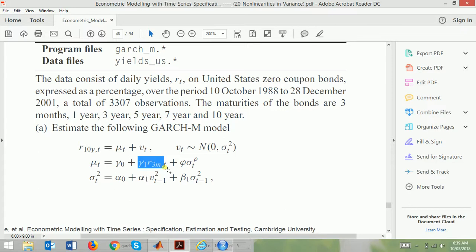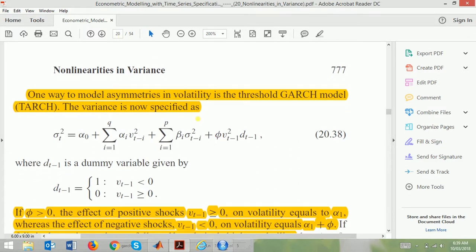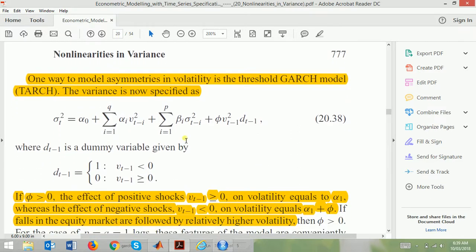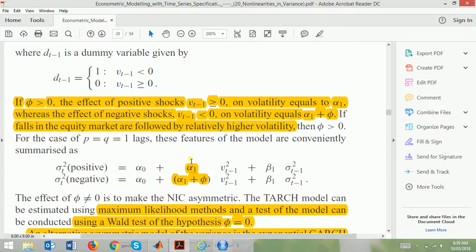And then the GARCH model is coming into play, and this is what I need to be concerned with. Gamma 1. What is bothering me is page 48. I'm talking about gamma 1, right? And obviously there was this in GARCH-M.